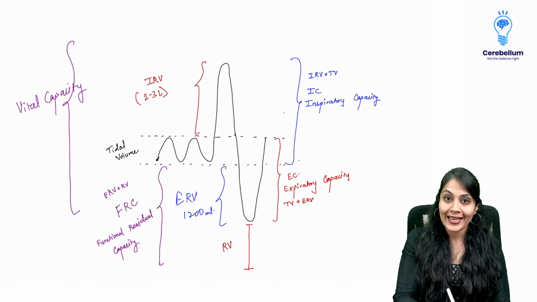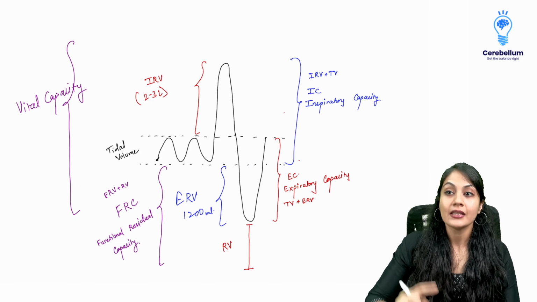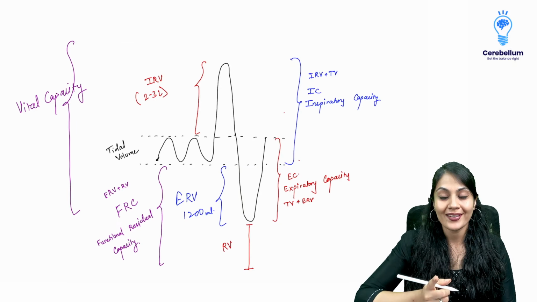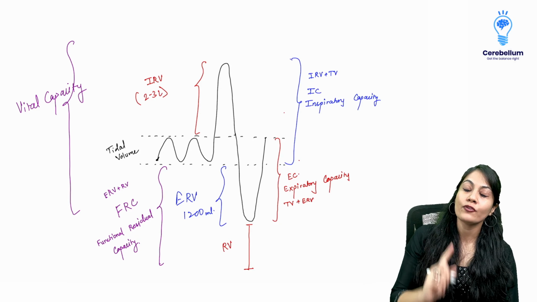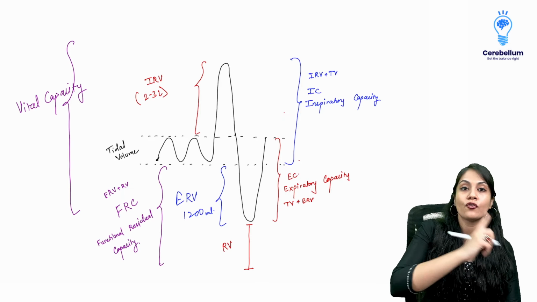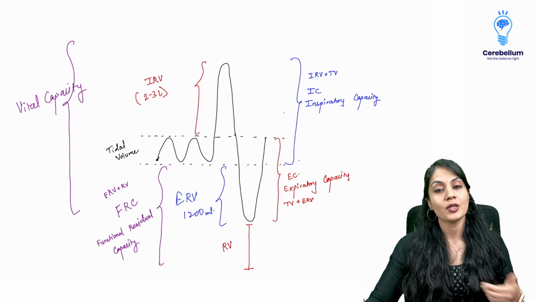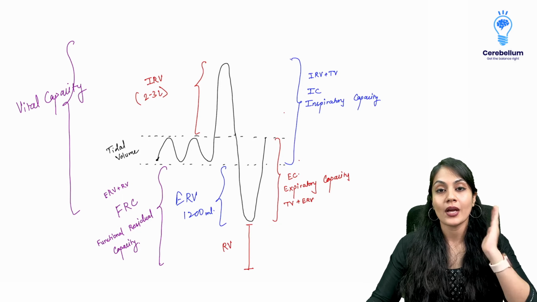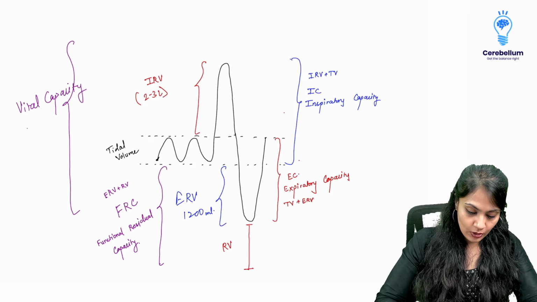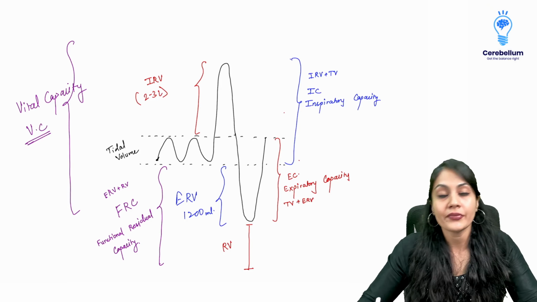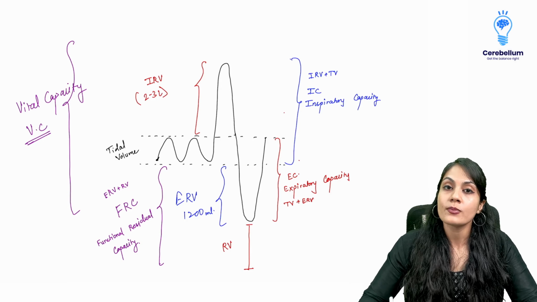The amount of air coming out of the lung in the forceful expiration, which was followed by the normal inspiration, that is known as the vital capacity. We call it VC. VC is very, very important. Why? Because on this basis, we can diagnose the restrictive lung diseases. So please remember that. All right, let's move on.